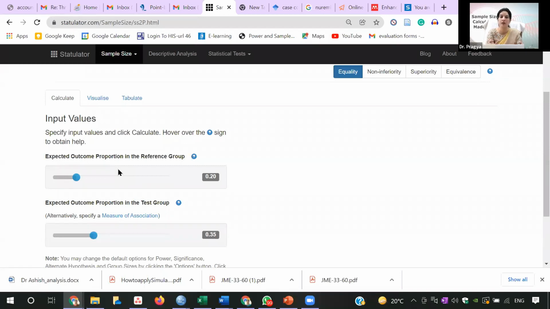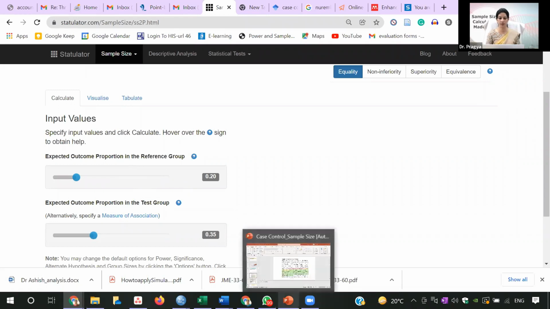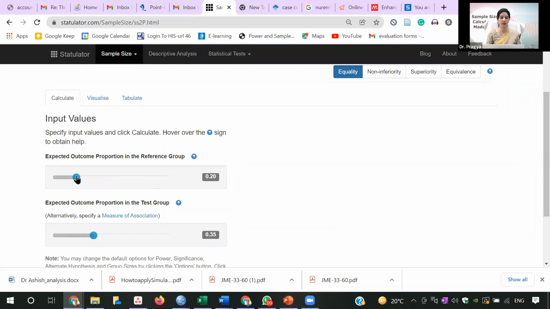That is missing from this text, and that's why it is leading to confusion. Otherwise, what is meant is the exposure proportion in the control group. So what was the exposure pattern? It was 9.47, so I'll put 0.09 here.